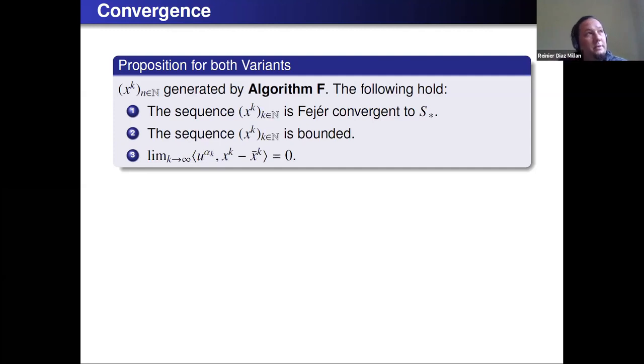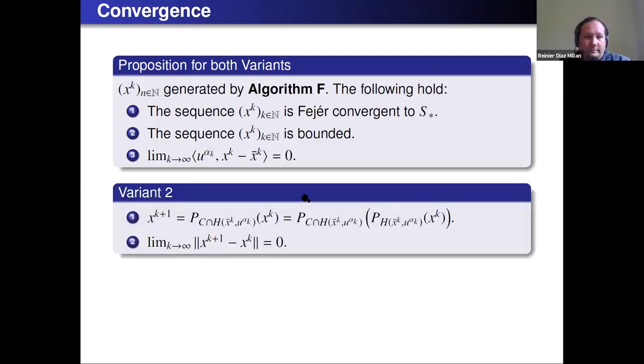Then we take a subsequence and prove that this subsequence is convergent to the solution set. This is the idea for the proof. Of course, I will not do it here because of the time.